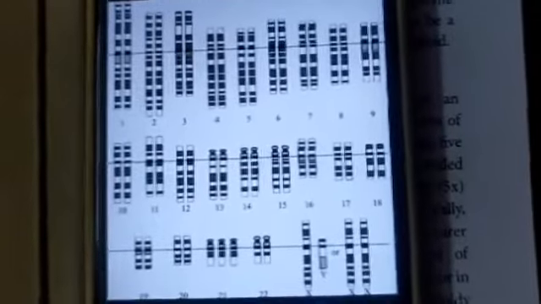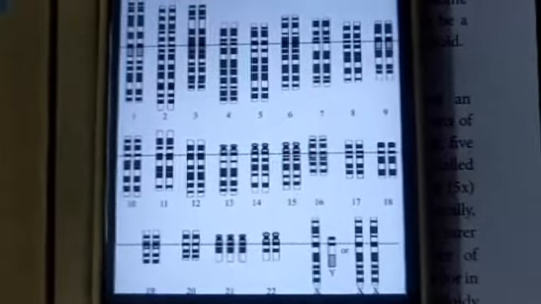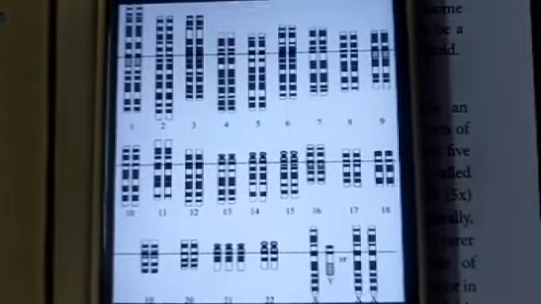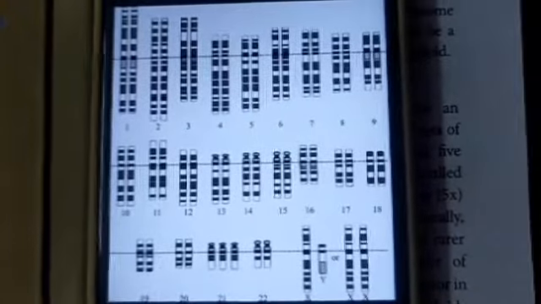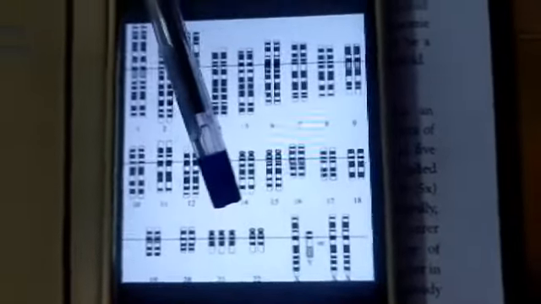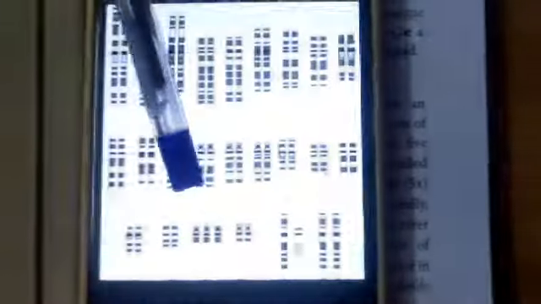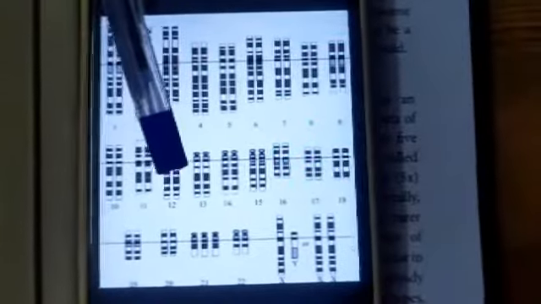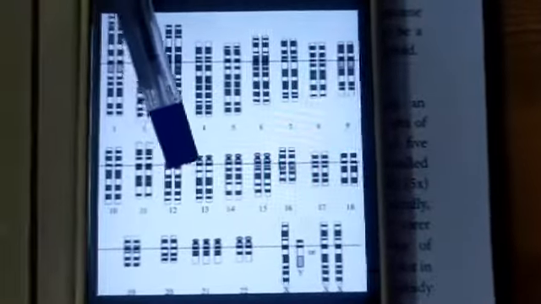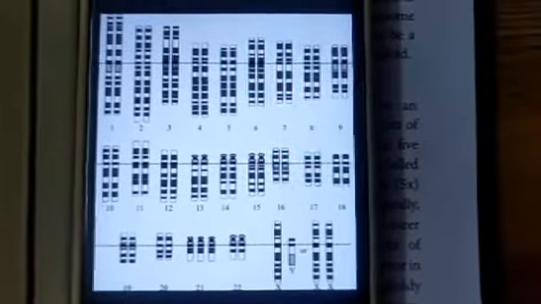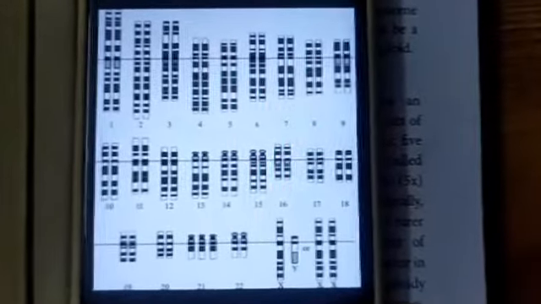Aneuploidy is a condition in which the diploid number of chromosomes is altered, either by adding or deleting one or more chromosomes in an organism.